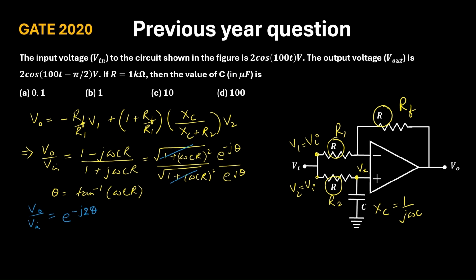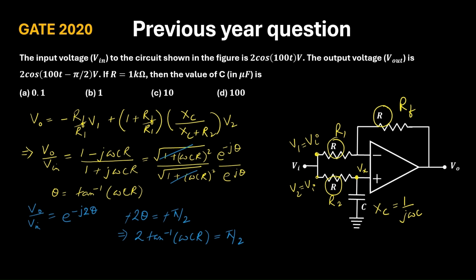Now, this minus 2 theta is the phase difference between the output and the input. And from the question, we already know that there is a phase difference of minus pi by 2. So, minus 2 theta will be equal to minus pi by 2. Now, the minus signs we can cancel. So, 2 tan inverse omega CR is equal to pi by 2.